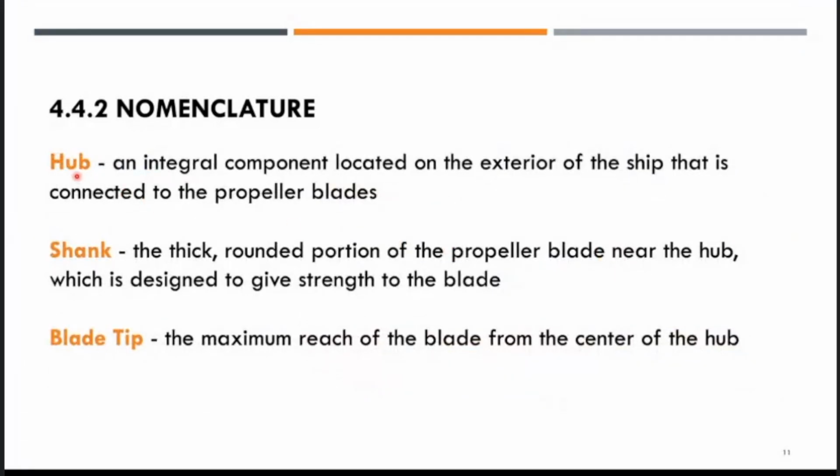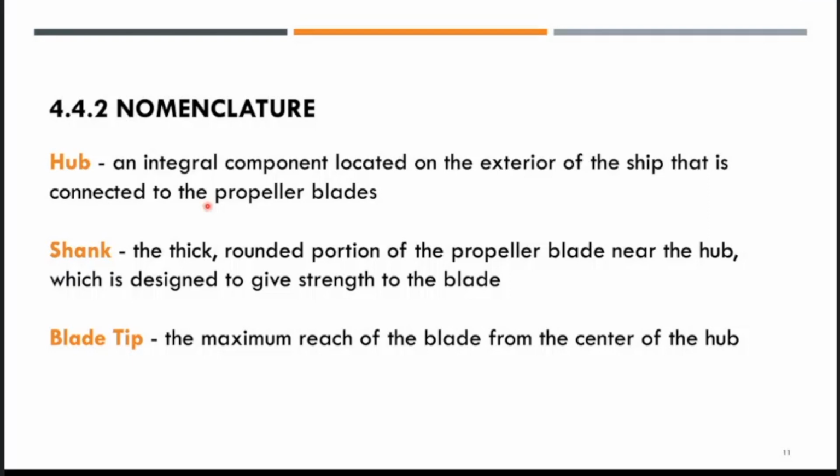Okay, just a more detailed definition of a hub. It is basically an integral component located on the exterior of the vehicle or the airship or the aircraft that is connected to the propeller blade. So basically, the hub in the example that was shown earlier is integrated.